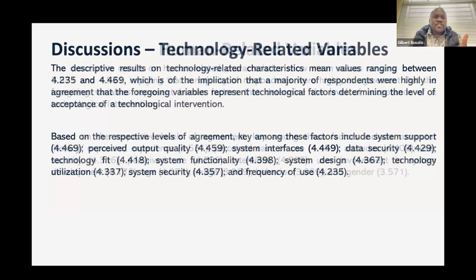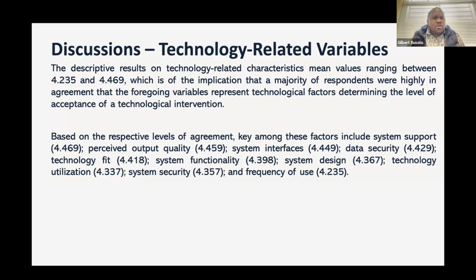For the technology-related variables, we see issues like system support. Even when I embrace this system, how is the support after the development phase, when the production phase is over, when it goes live? What kind of support will I get through using this system? Scored very highly.